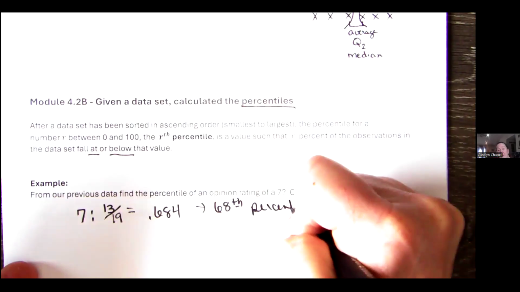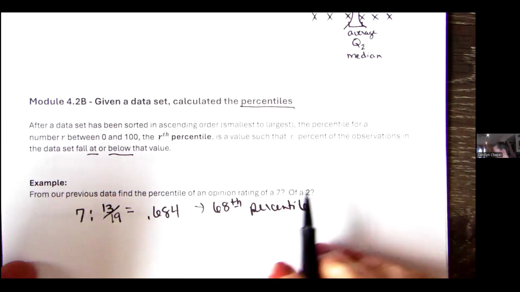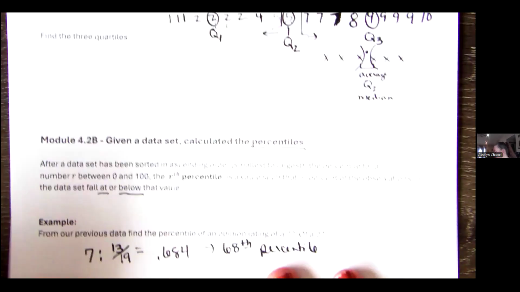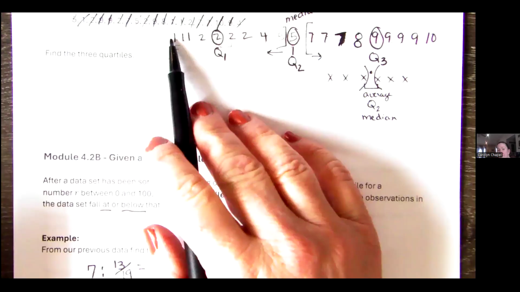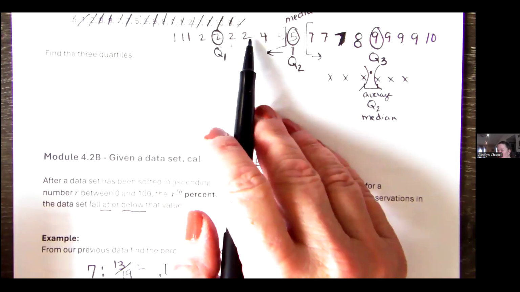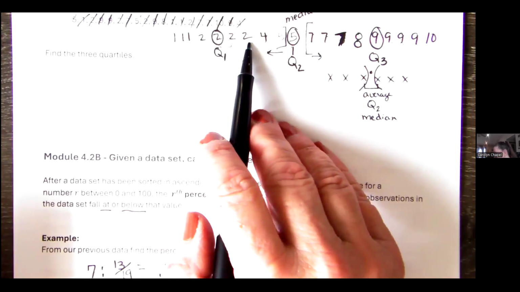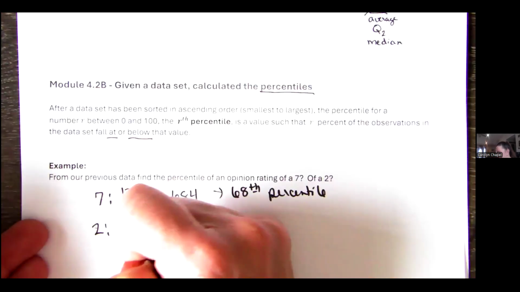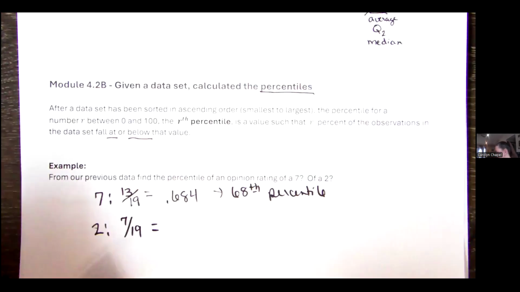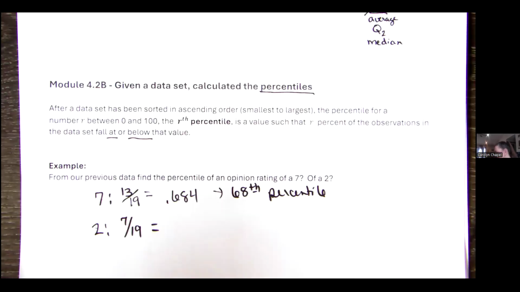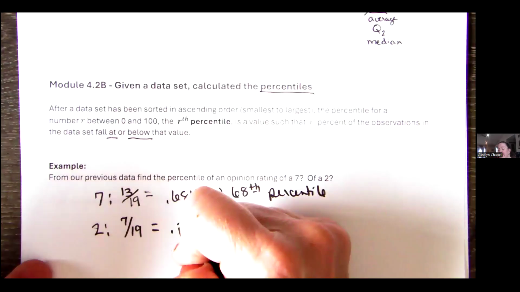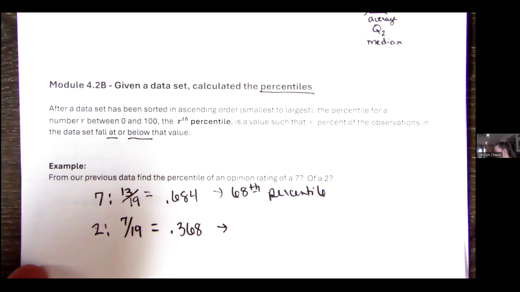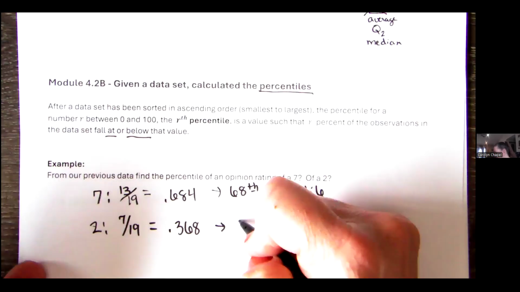If I do the same thing for the number 2, the percentile of a number 2, we'd have 1, 2, 3, 4, 5, 6, 7 people at or below a 2. So 7 out of the 19. So 7 divided by 19 is 0.368. If I'm going to the nearest whole percentile, I'd say the 37th percentile.